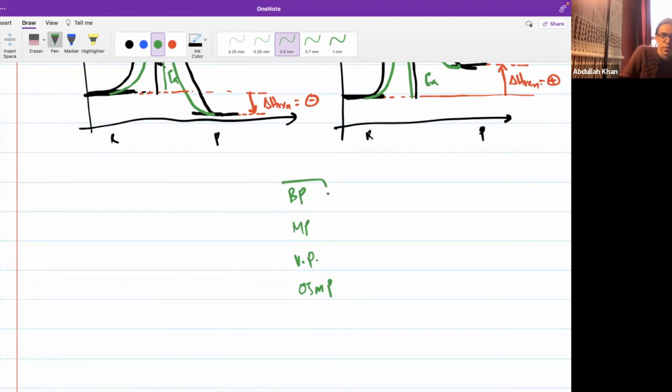Those are important. But the kind of questions that you will see in this section, you've already seen in the 8 questions that we've covered, specifically as it relates to boiling point and vapor pressure. Melting point is the same. Remember the negative sign. Osmotic pressure is very similar.